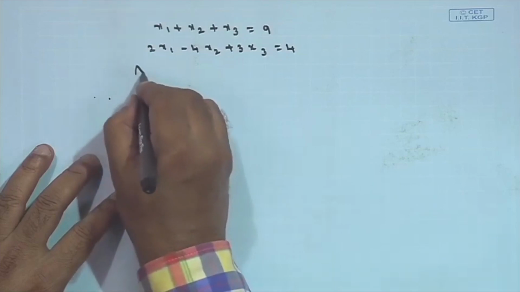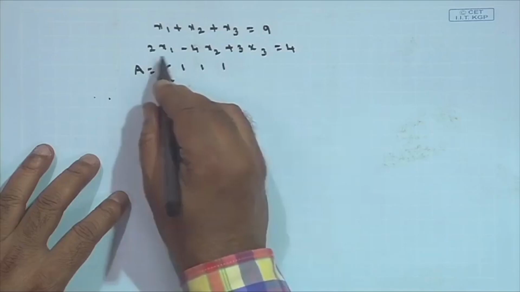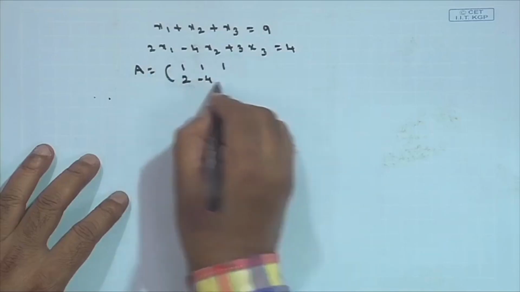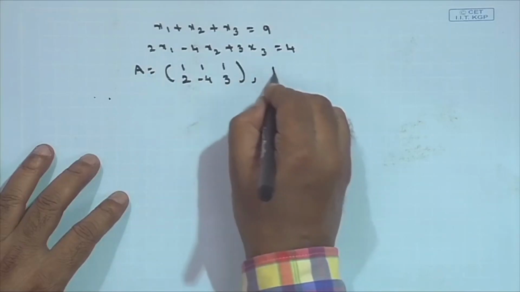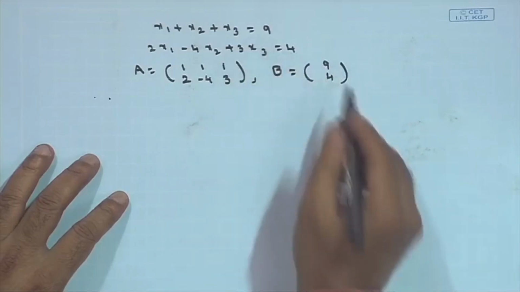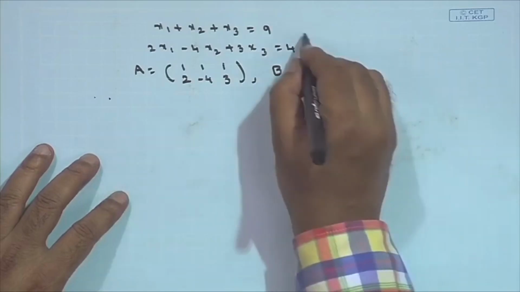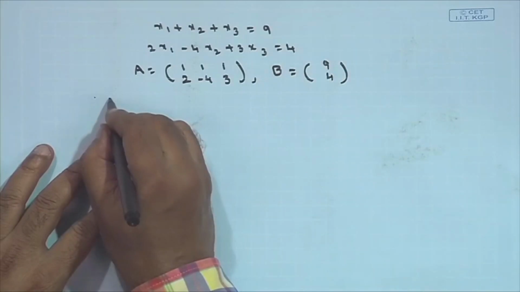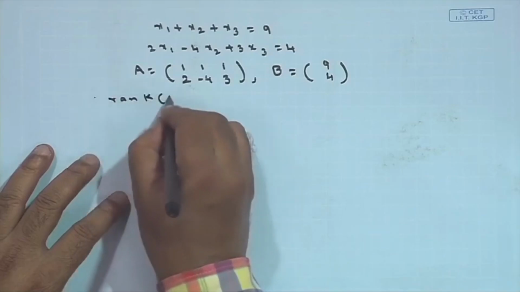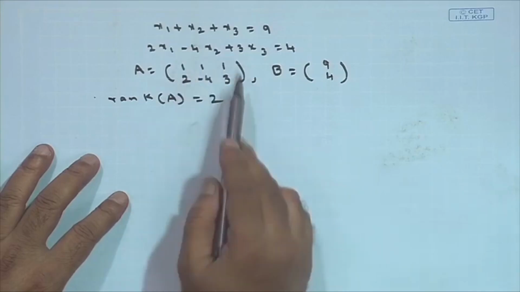In matrix notation, A will be [1 1 1; 2 -4 3], and b is [9; 4]. If you find the rank of this matrix A, the rank of A will be 2; I am leaving that for you, just check it, very easy.